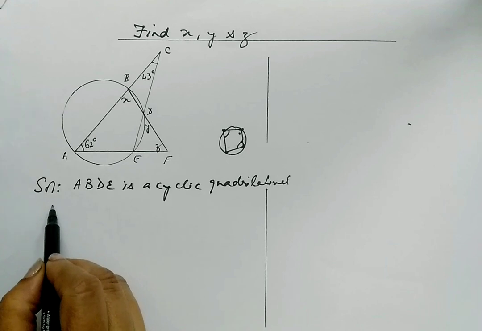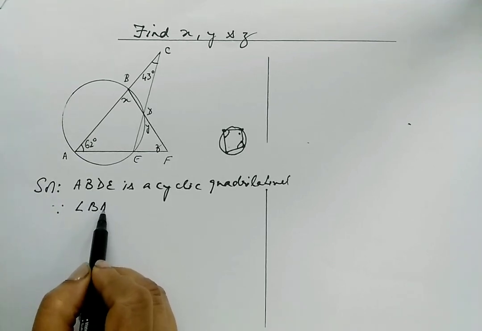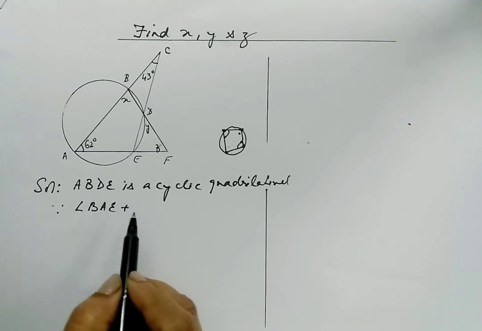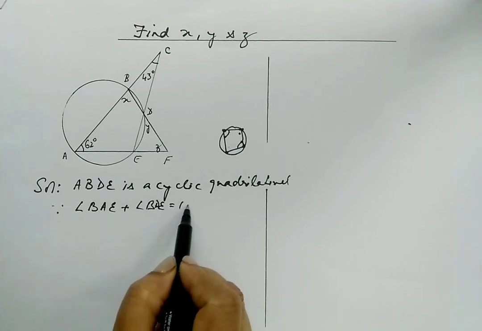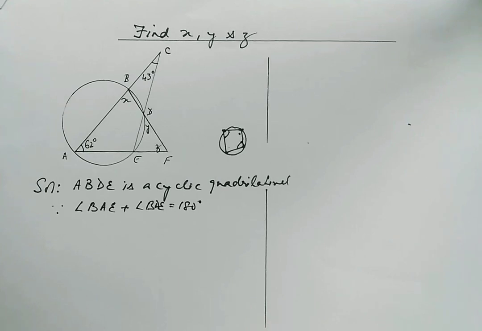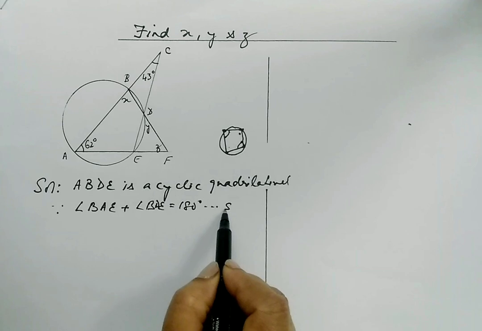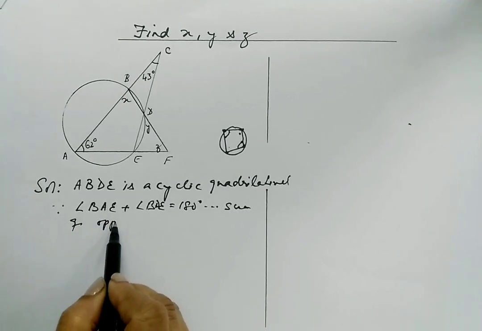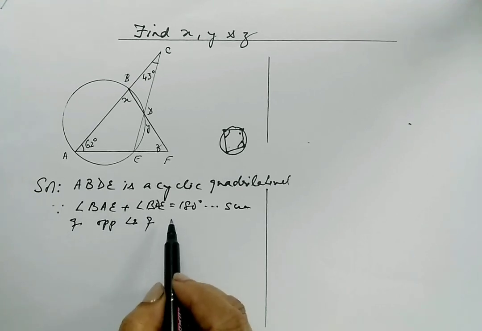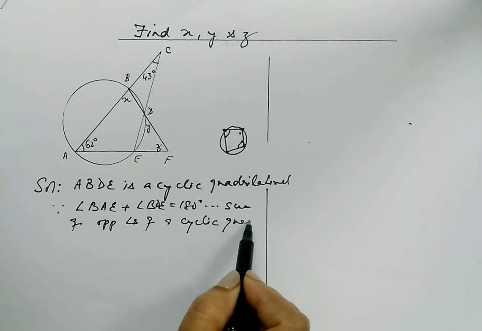Since angle BAE plus angle BDE is equal to 180 degrees, the reason is sum of opposite angles of a cyclic quadrilateral, correct?